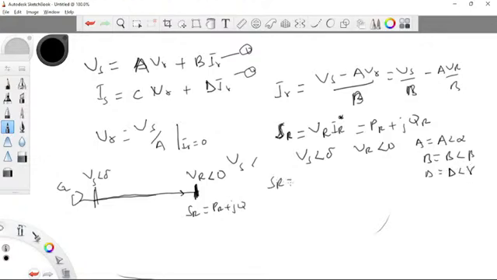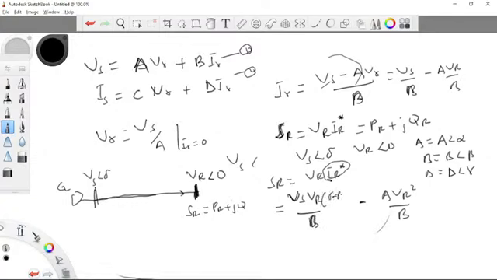So our SR is supposed to be VR IR conjugate, so just add IR to this formula to get VS VR over B, and then minus A VR squared over B. Since IR is conjugated, the voltage in the current formula goes negative. That means the B here is supposed to be delta minus beta.